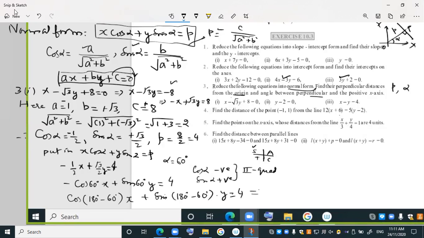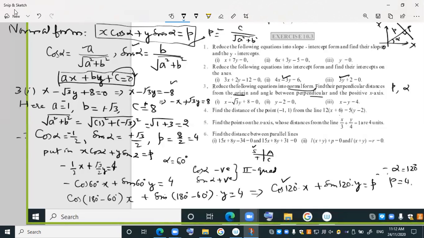Then solve it, we get cos 120 degrees into x plus sine 120 degrees into y is equal to p. Means all should be positive. So when you compare this, our final answer is alpha is equal to 120 degrees and p is equal to 4.